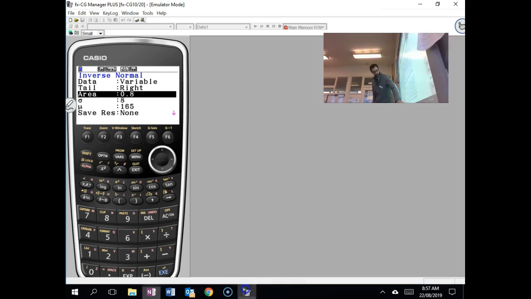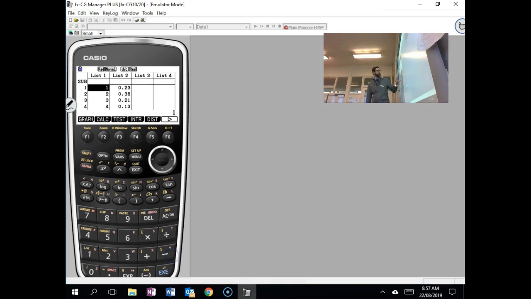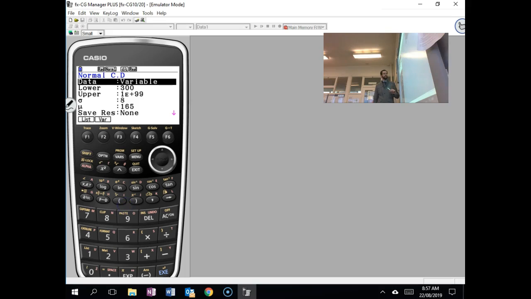Okay, so this is an NCD problem. So if we go distribution, normal, NCD. We're looking at more than 30, so we're going to go 30. And our upper is 1 times 10 to the 99. This is a probability, so this is not an inverse normal, it's an NCD.